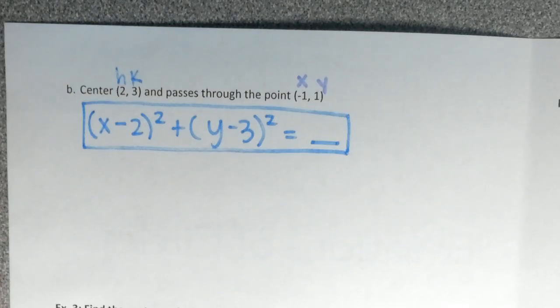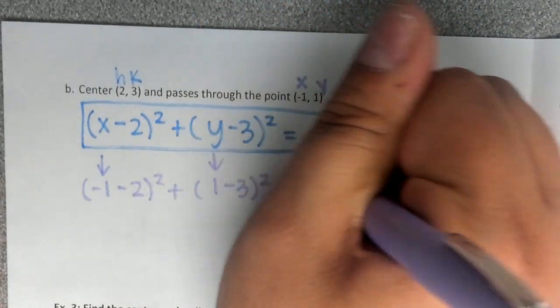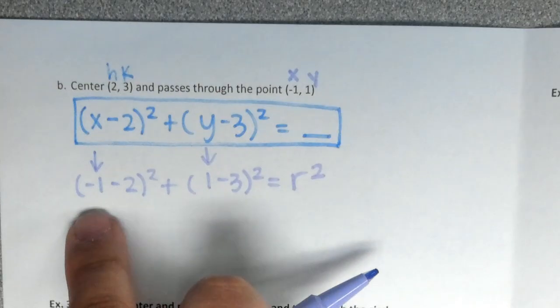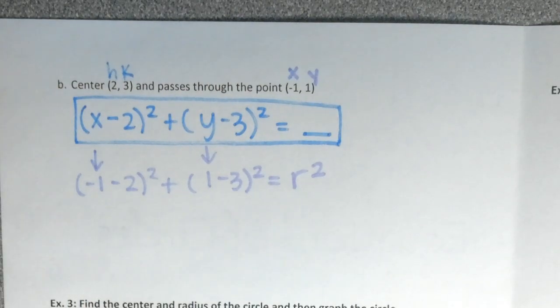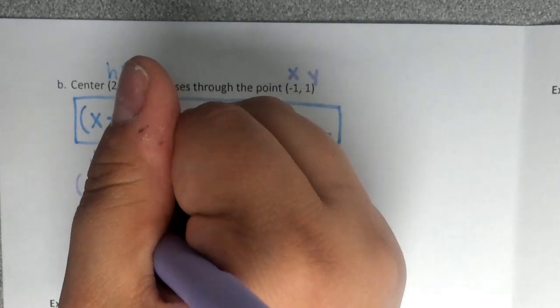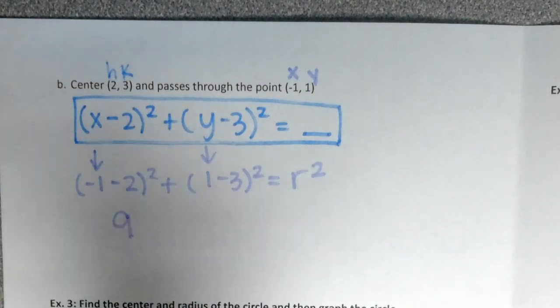All right, what did y'all get? What I got right here: did you plug in -1 for x and +1 for y? What is -1 minus 2? And what's -3 squared? A +9, because -3 times -3 is +9.